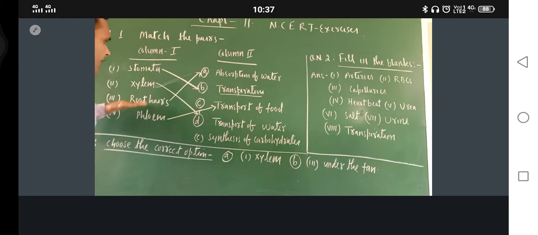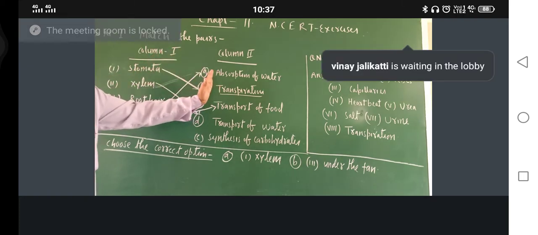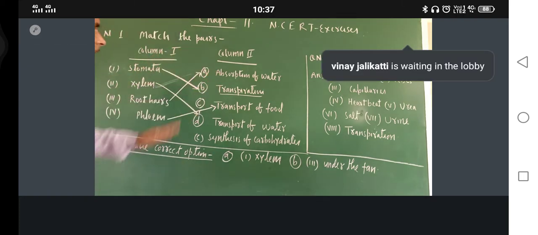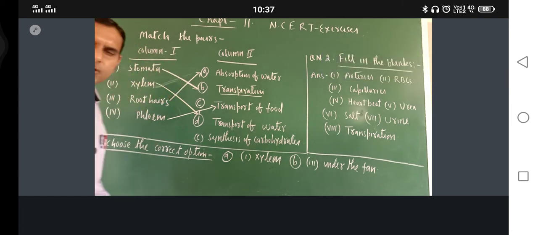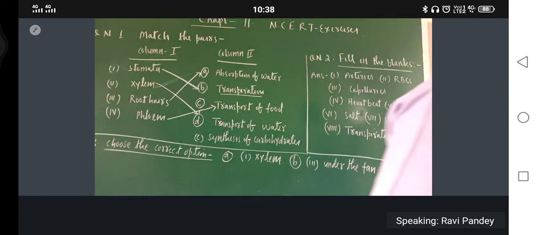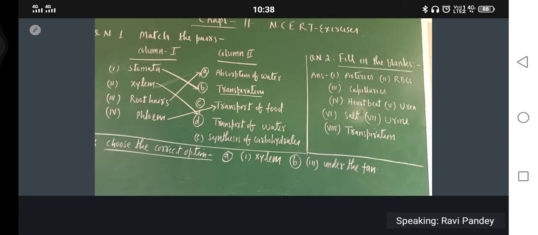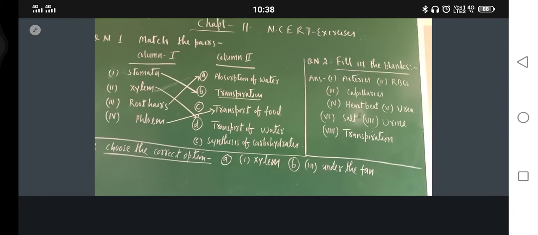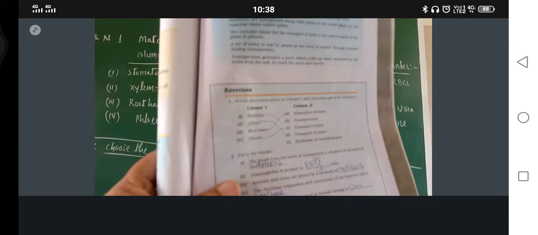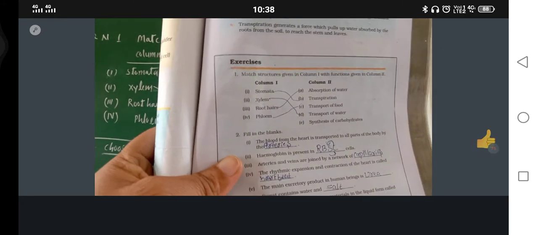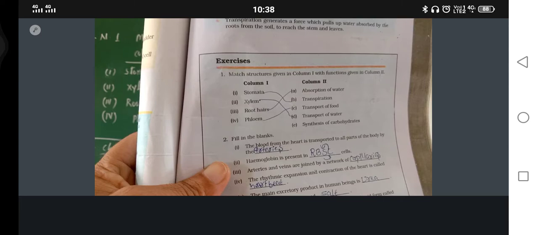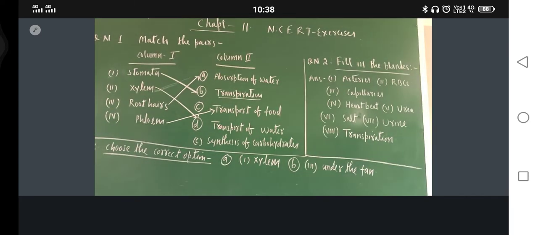Write column 1 and their correct match in column 2. In this way, the first exercise is completed. Now question number 2.